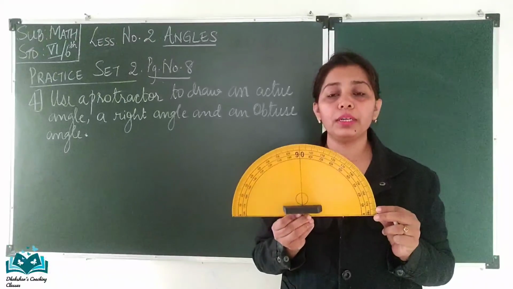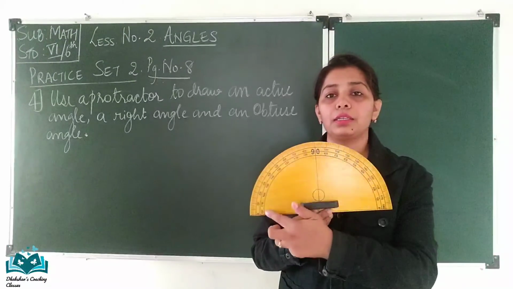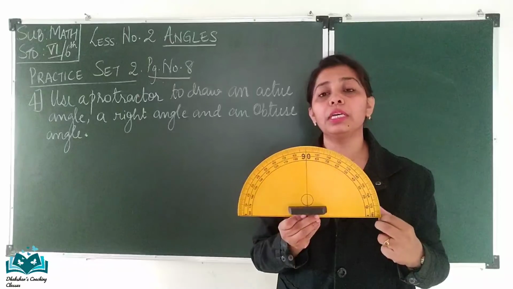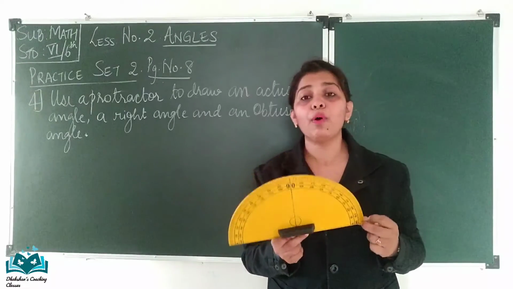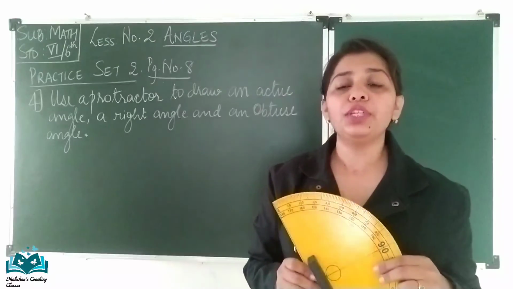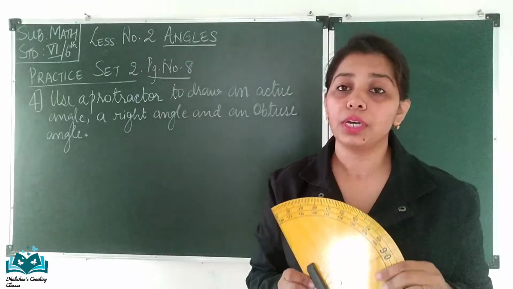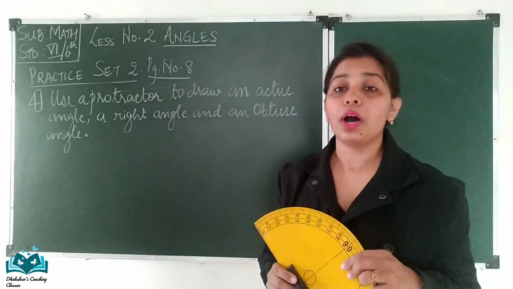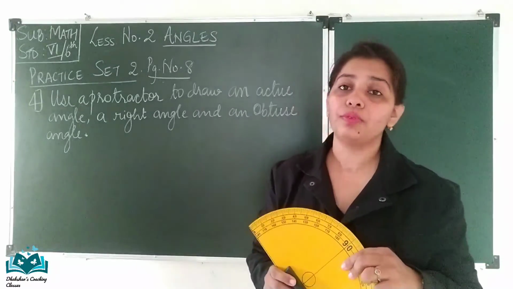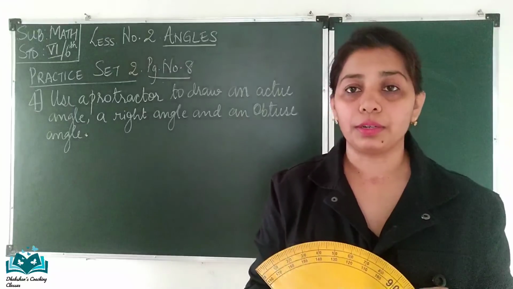This type of instrument, you can see it is a D-shaped instrument. It is given in your geometry box. With the help of a protractor, you need to draw an acute angle. I will be showing you how an acute angle is drawn with the help of a protractor.